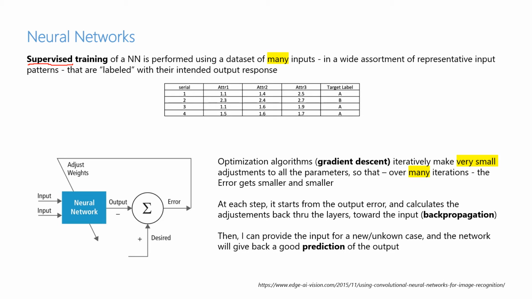Supervised training is based on a set of representative input patterns. In other terms, we must have a case history, a history of occurrences of the problem that we want the network to be able to solve.